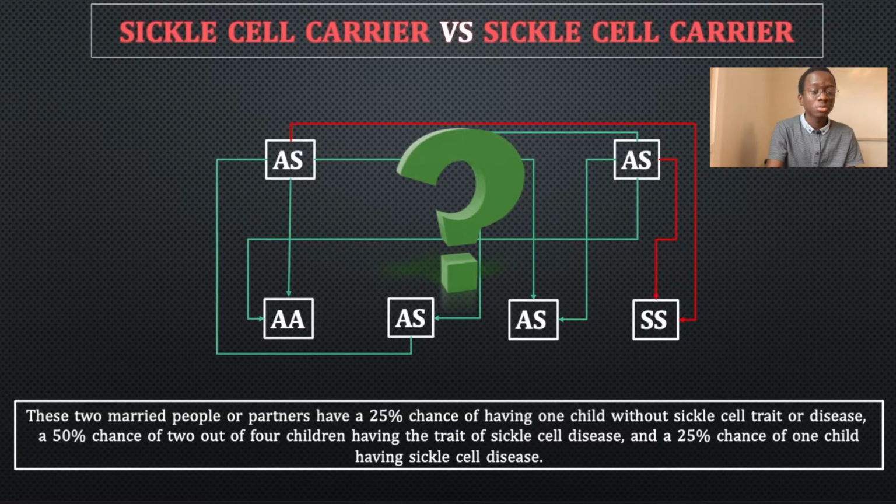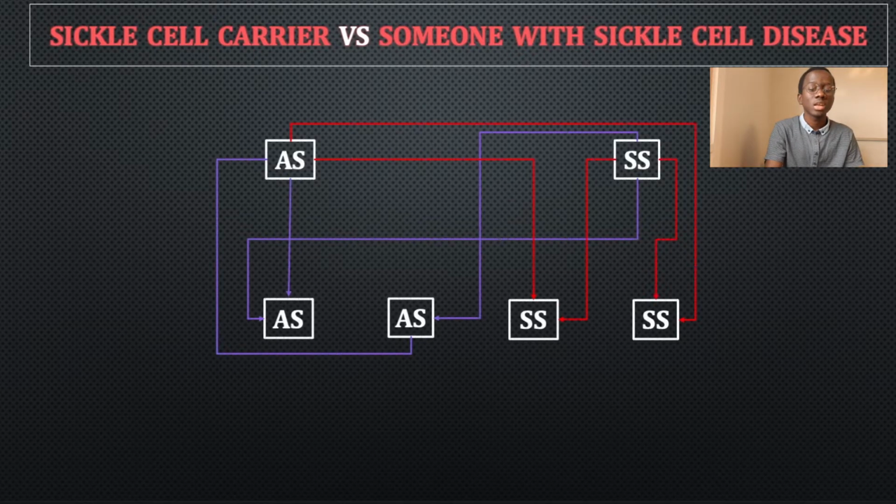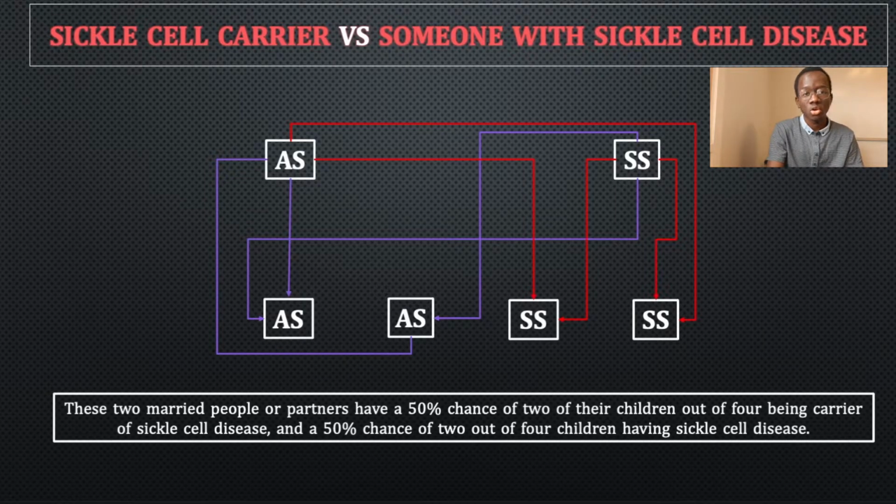The other aspect of things is having a sickle cell carrier and someone who has sickle cell disease. This is a little bit grayish because there is a 50% chance of having a child who is a carrier of the disease and a 50% chance of having a child who has the disease. The gene tree I'm showing you is based on the probability of having a child.